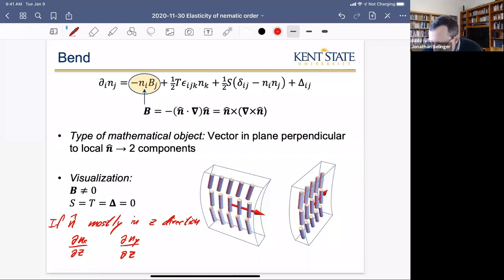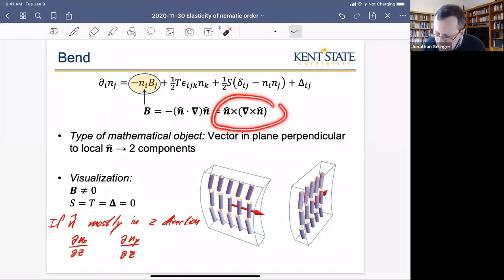So that's what these 2 pictures over here show. n_x is a function of z there, and n_y is a function of z there. In general, if n is in any arbitrary direction, then the bend is described by this combination.